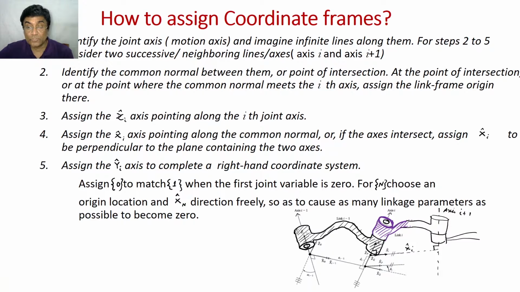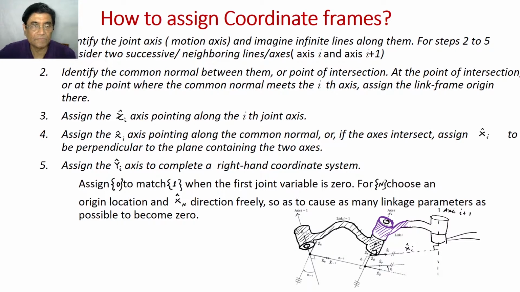Now if these two adjacent z axes are intersecting, then where will be x? X will be perpendicular to the plane containing the two axes. That is the case if the common normal length is 0, which will happen if the axes are intersecting.